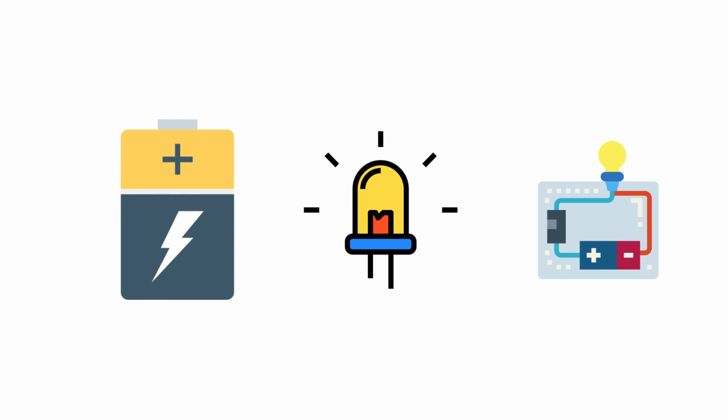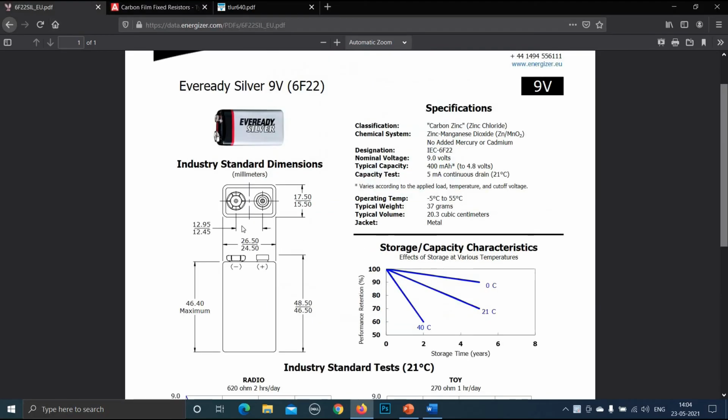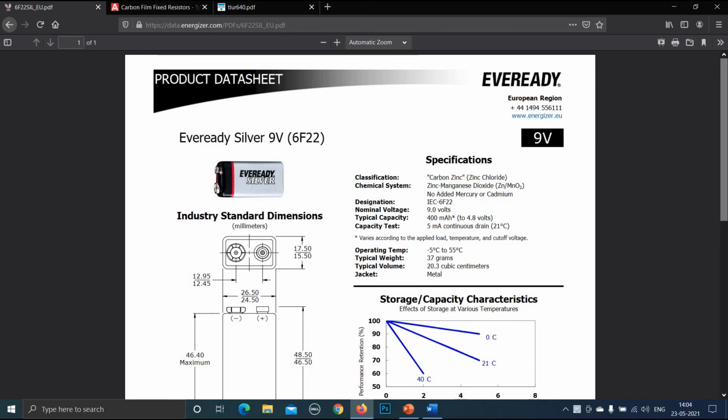Then the resistor: here I am going to use a carbon film resistor, then a light emitting diode or LED. Now we need to understand the component characteristics, which means the maximum voltage and current of the components we selected. For that, go to your browser and find the datasheet of each component.